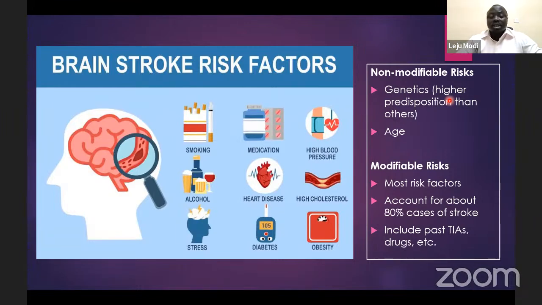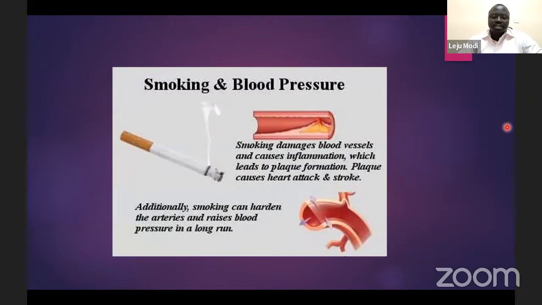So it can cause high blood pressure itself, and then further bring the risk of stroke. Like genetics, as I mentioned yesterday, some people may have a higher predilection for stroke, just because naturally from their family there has been that gene for a risk of stroke. So those are the risk factors for stroke.